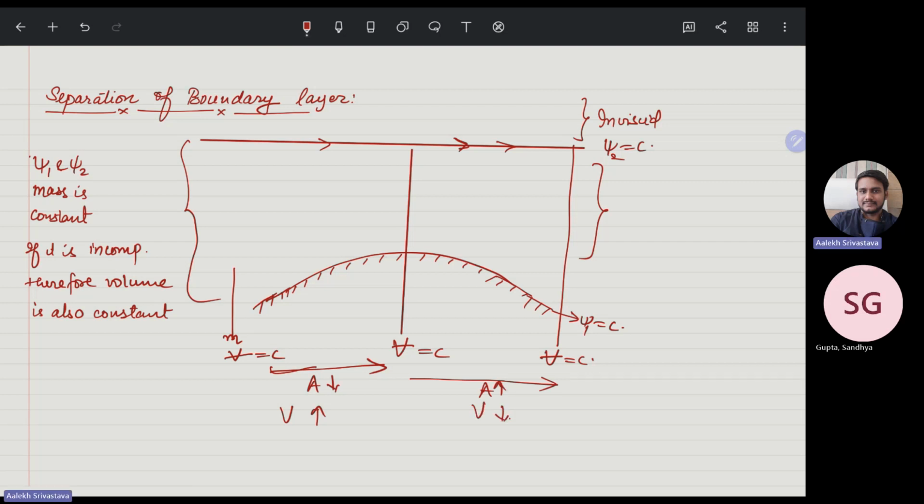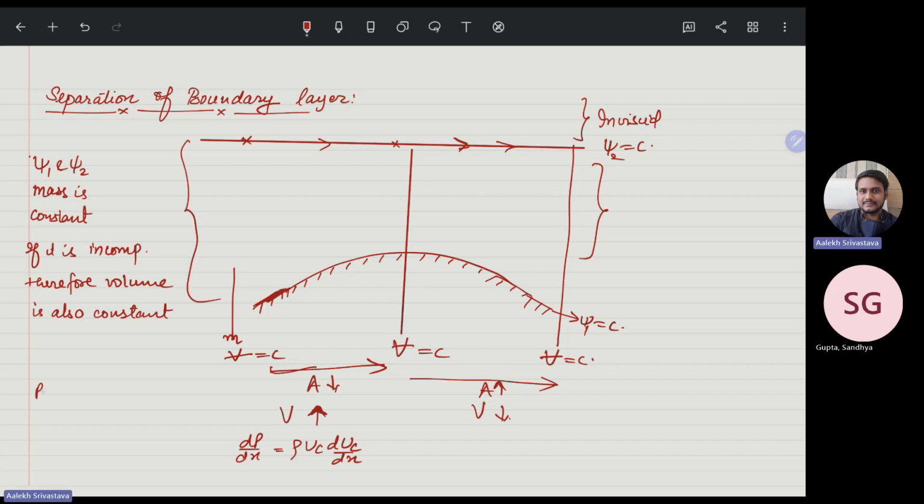Because your boundary layer is very thin, whatever pressure gradient exists in this region will be superimposed in this region. Therefore, if we apply the Bernoulli equation while changing the velocity from here to here, it will say that dp by dx is equal to minus rho Uc dUc by dx.